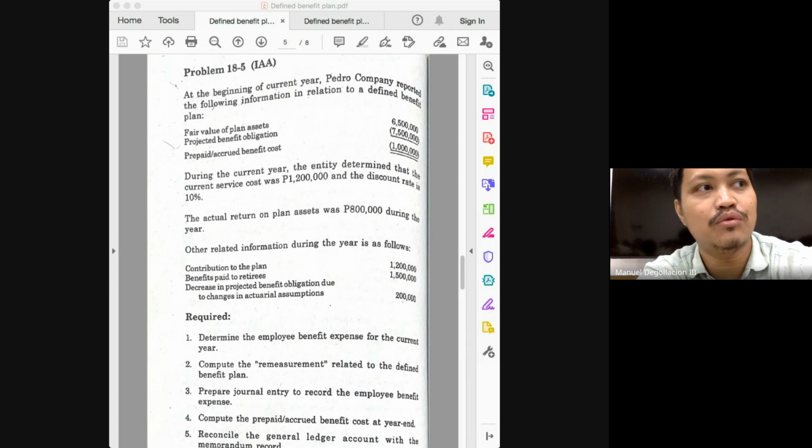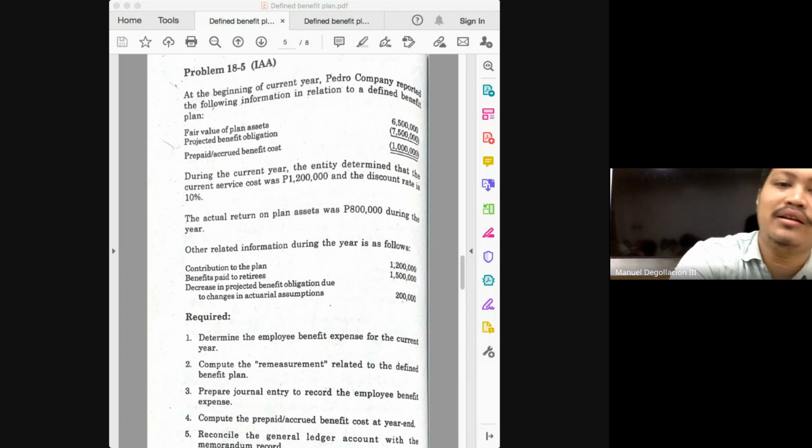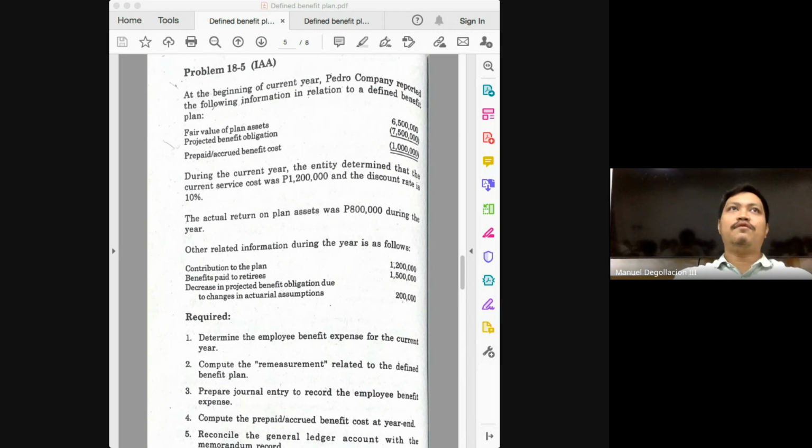So 950 and 1,200, there's a difference of 250. Okay, but which one was greater, the contributions or the cost, class? Contribution. So this should decrease any accrued benefit cost. Okay, and indeed we had accrued benefit cost. How much was our accrued benefit cost? 1 million. How much will be the decrease in your accrued benefit cost because of the excess of the contributions over the total defined benefit cost during the year? 250. So 1 million minus 250 will give you also 750.